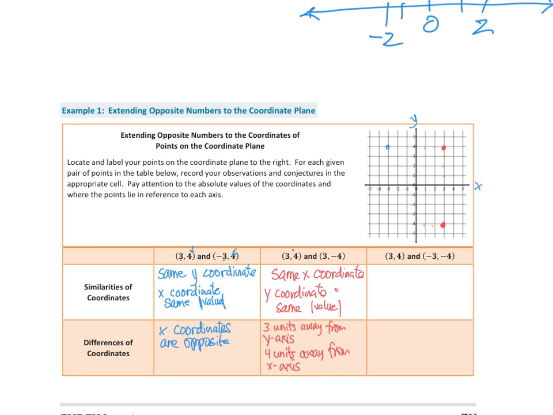Okay, then let me change my color again for a third set of coordinates. So over 3, up 4, we've got that one. And now (-3, -4). Wow, we're in the opposite quadrant. We're over here in quadrant 1, this is 2, this is 3, and this is 4, Roman numerals. So now, what could we say is similar with those two?